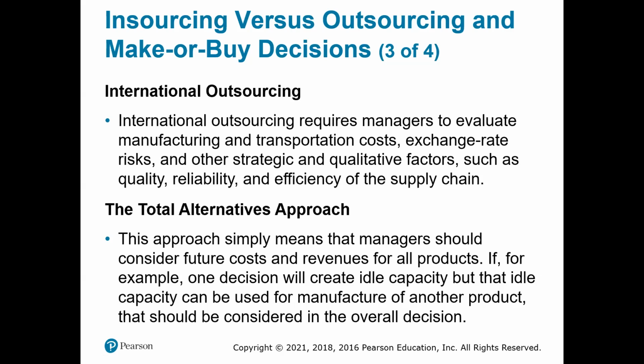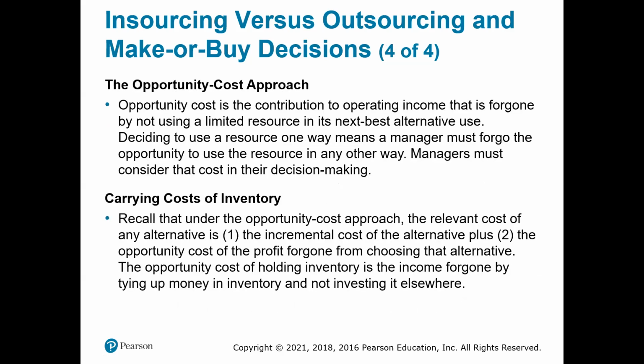The total alternative approach simply means that managers should consider future costs and revenues for all of their products. If, for example, one decision will create idle capacity, but that idle capacity can be used for manufacturing another product, like we saw in that first multiple choice question, then that also should be considered in the overall decision.